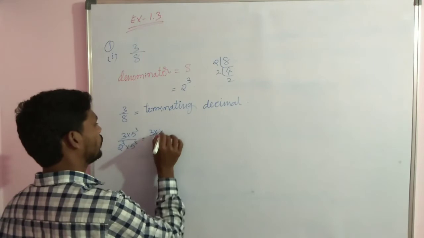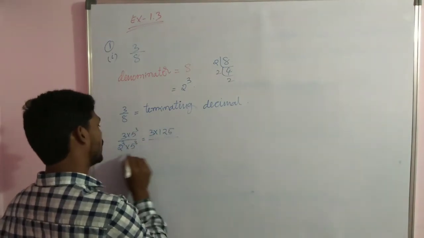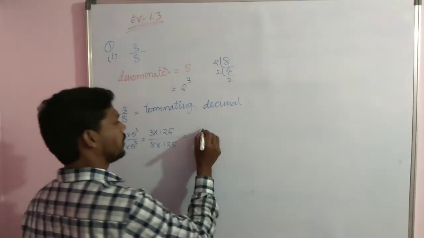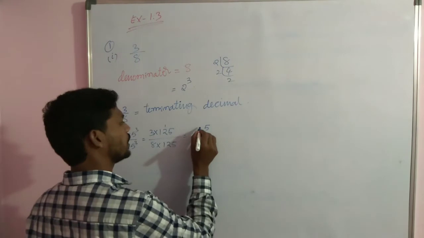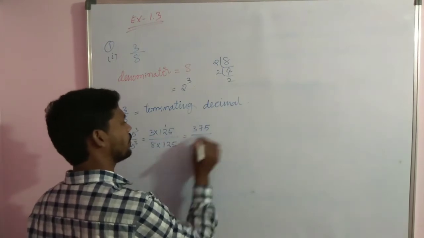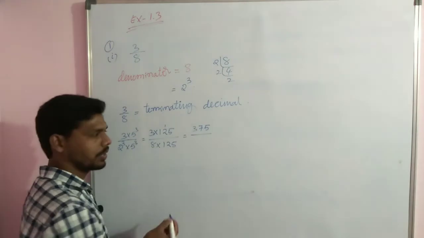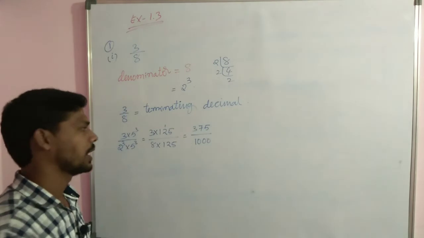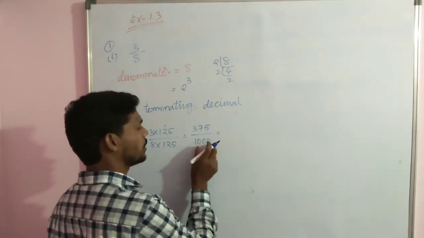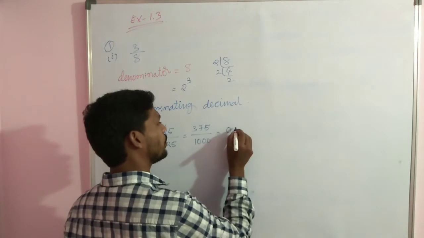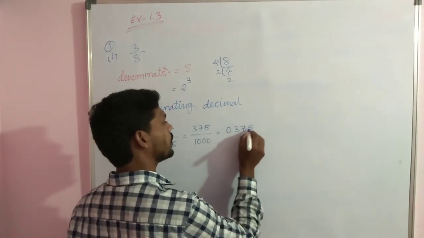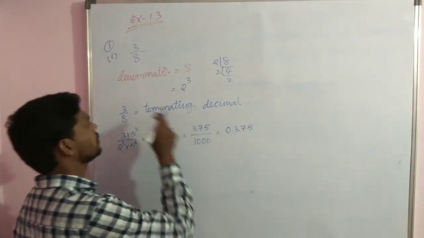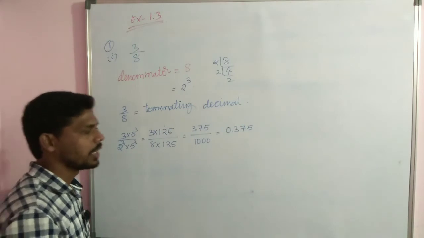So 3 into 125 divided by 2 cube is 8 into 125. 3 5s are 15, 3 2s are 6, 7, 3 1s are 3, that is 375, divided by 8 into 125, which you know very well is 1000. So in the denominator we have 3 zeros. Any number divided by 1000 gives a decimal point before 3 digits, 1 2 3 from right to left. So this is the decimal form of 3 by 8.